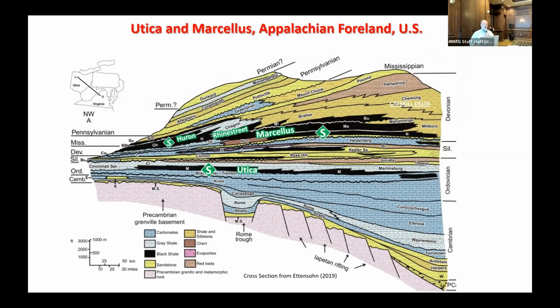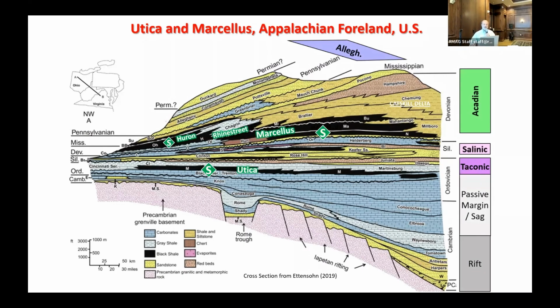And if we look at these subsidence events and orogenic events, see the Utica occurs right at the onset of the tectonic event. We have this evaporite-prone Salina that I'll talk about next. And then the Marcellus occurs at the onset of the Acadian orogeny.